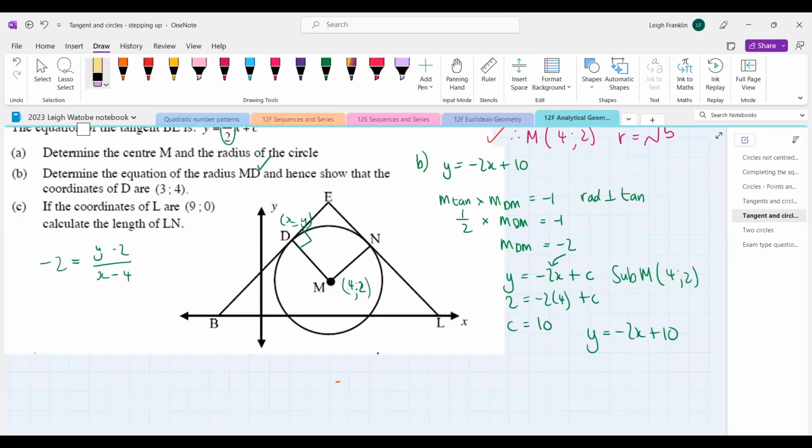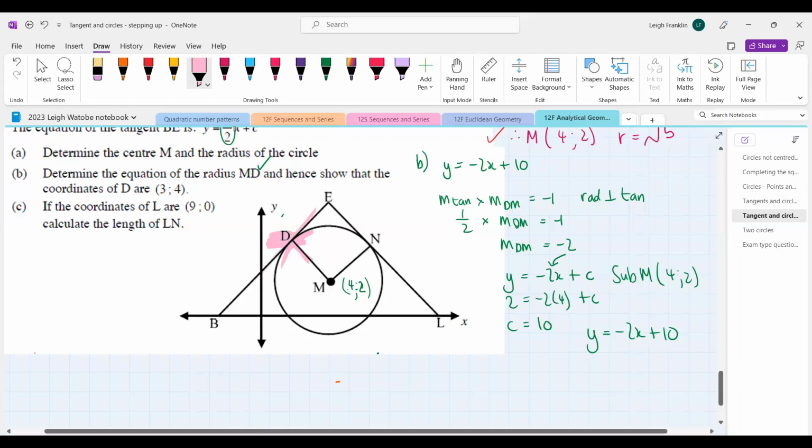All right, so what they actually want you to do over here is point D. I just want to point this out to you, Matrix. Point D is a point of intersection of 3 things. It's the radius, it's the circle, and it is the tangent. So we can solve simultaneously between any one of those 3.